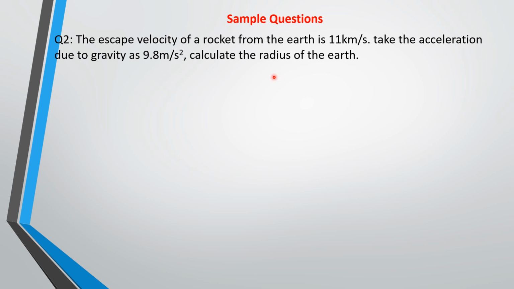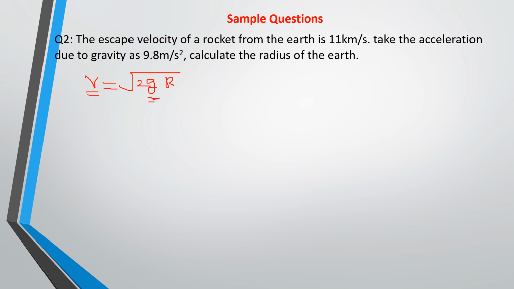Here you are asked to calculate the radius of the Earth, which means you will be making the radius the subject of the formula. Remember that v is equal to the square root of 2gR. You are given the escape velocity and g, but you are not given R.